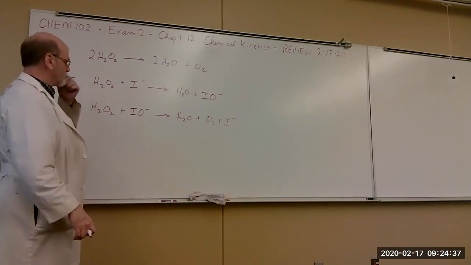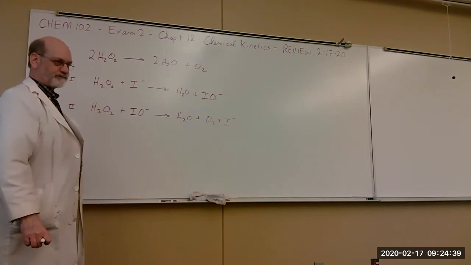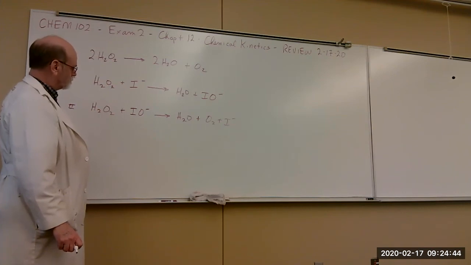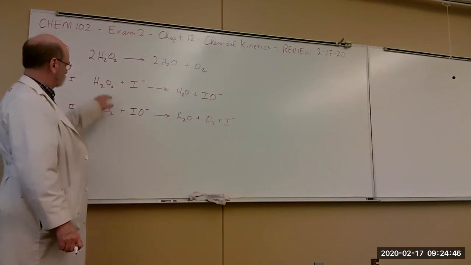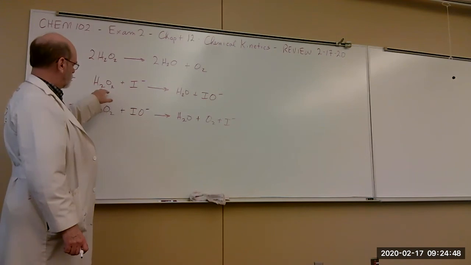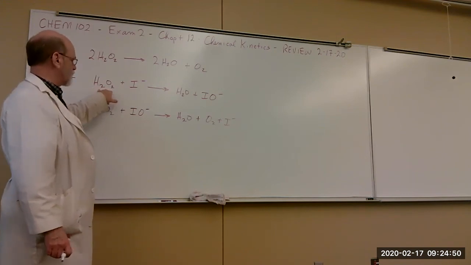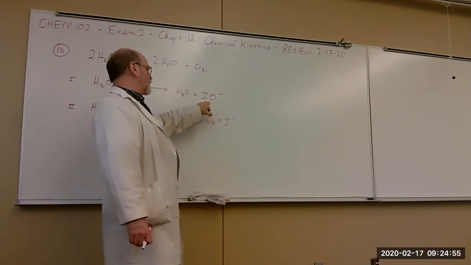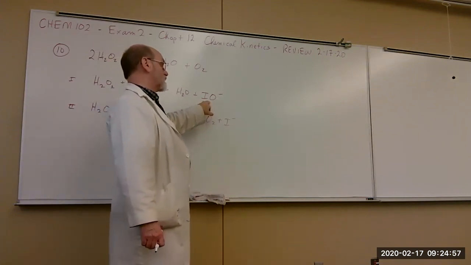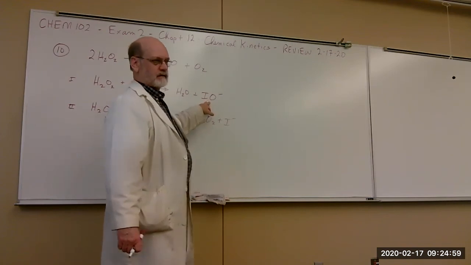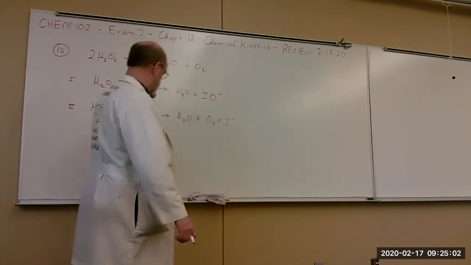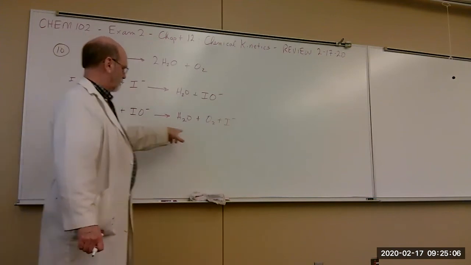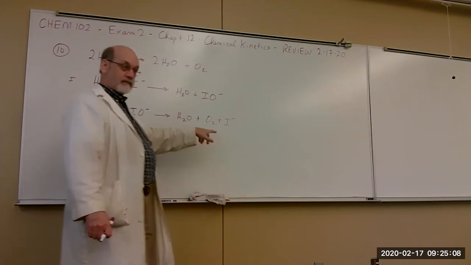Because I'm just guessing, but the iodide is on this side, and it reacts with hydrogen peroxide to produce water, and this would be the hypoiodite ion. And then if you look in the other reaction, it's got iodide again, it splits off. Okay, right.